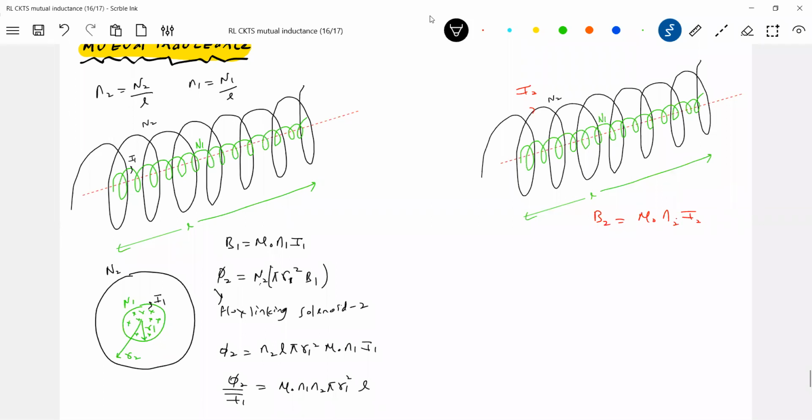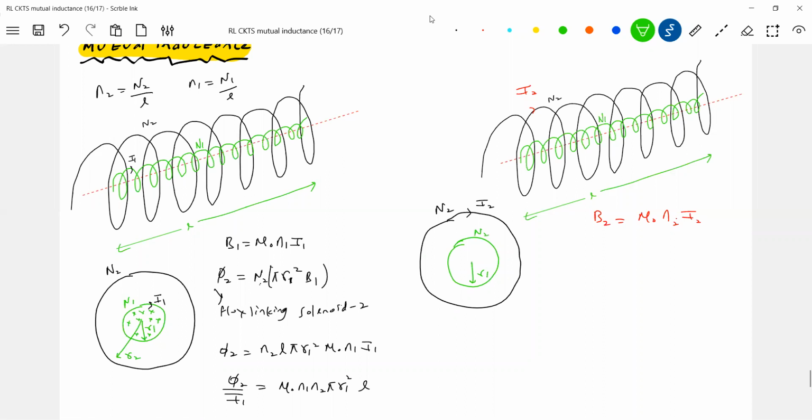So the circuit diagram will be like this. This is the outer solenoid. Number of turns of this is N2, and the inner solenoid is here, where all the magnetic field will be produced by this, and this is R1, and the current I2 is flowing. Now what about the field produced by the second solenoid?